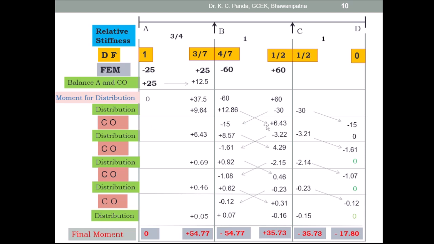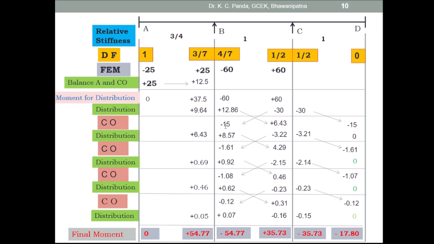So this is the carryover of the moment. Then again you go for the balance of joint B and C, or distribution of joint B and C. So at joint B, the net or unbalanced moment is minus 15. This side 0, this side minus 15.